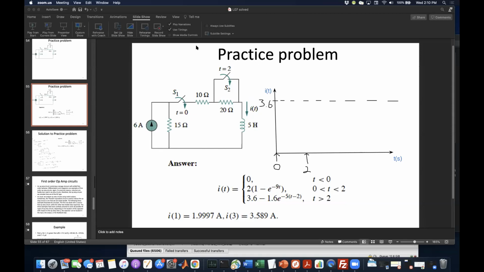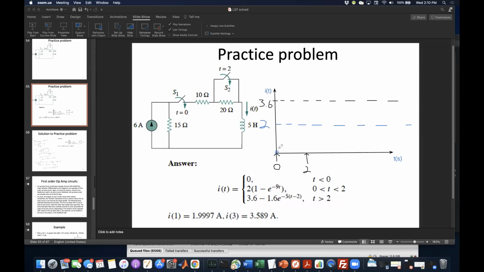It starts out at a value of 0. And at time 2, it reaches a value of 2 amps.